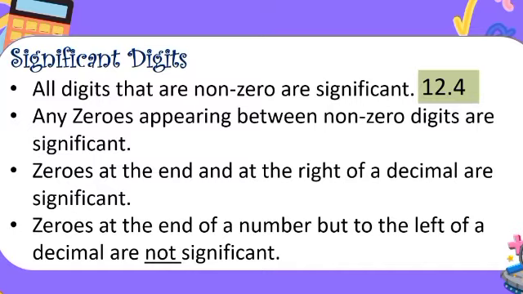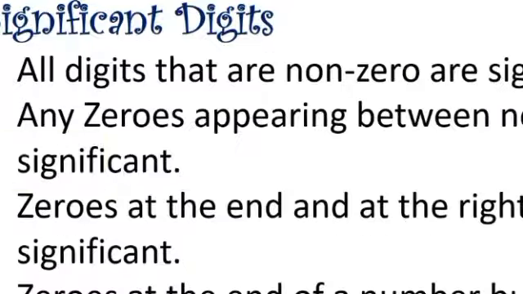But, any zeros appearing between non-zero digits are also significant. So, hindi lang 1 to 9, pwede din daw na significant digit yung 0 kapag ito ay between the non-zero digits. So, example, 102. Ayan.